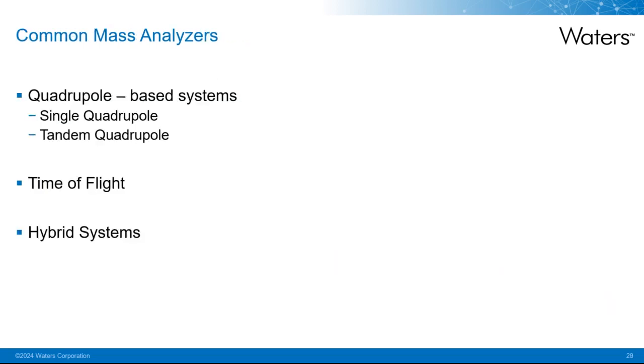There are a number of mass analyzers commercially available, but the most common types seen in laboratories are quadrupole-based systems, so either single or tandem quadrupole, which you may have heard of as triple quadrupole, and time-of-flight-based systems. There are also hybrid systems, which use some combination of these mass analyzers. There are other types of mass analyzers available, but we won't be discussing these today.